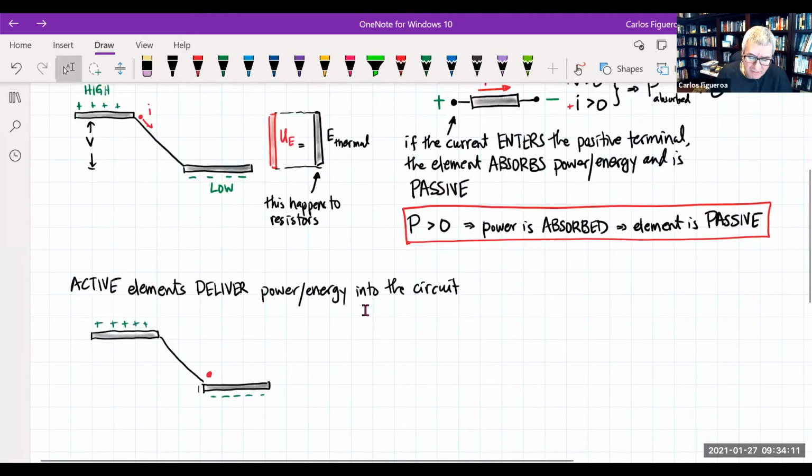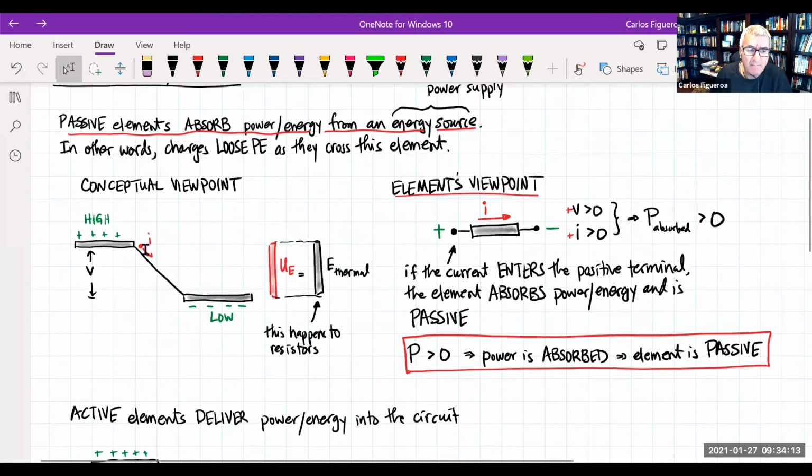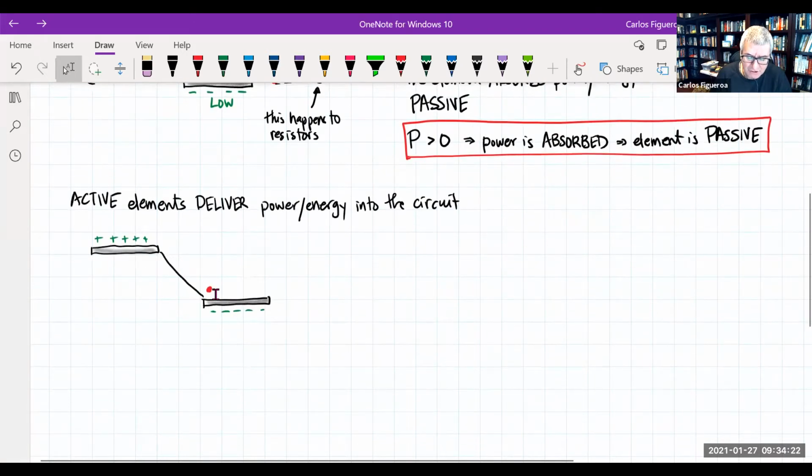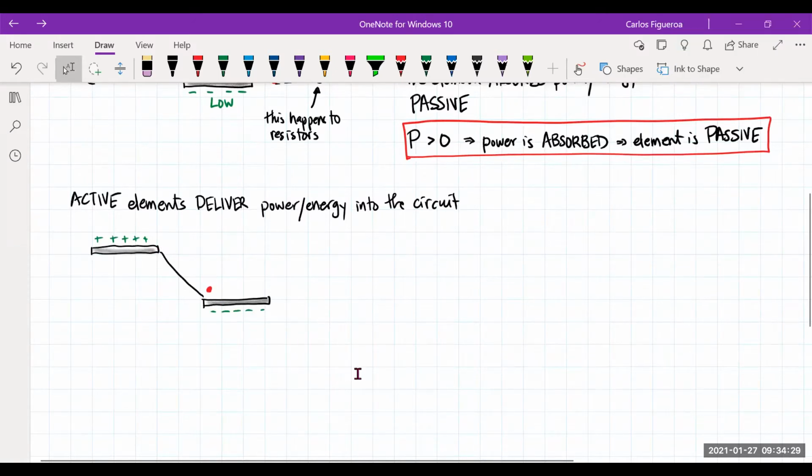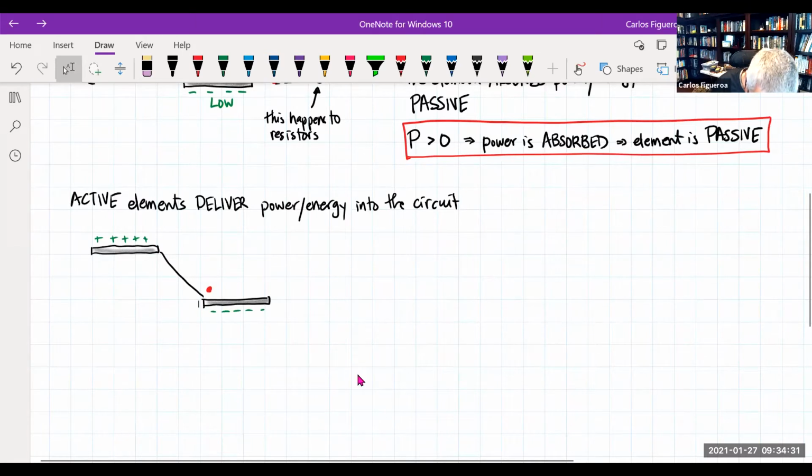When I looked at this other situation, a positive charge naturally moves from a high potential to a low potential. But a positive charge does not naturally move from a negative plate to a positive plate. So the only way I can move this charge up here is if what happens? There's a non-electrical force doing work.